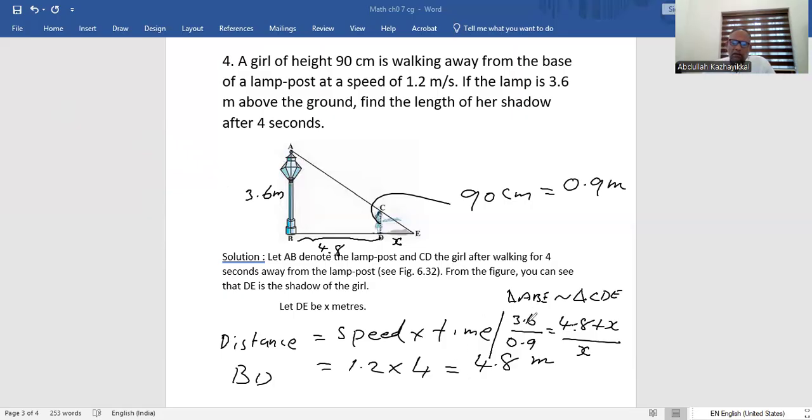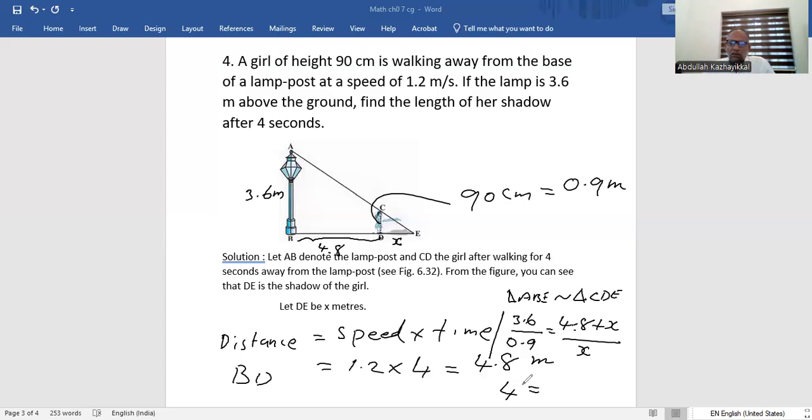36 by 9, 4 nines are 36. We can cut the 1 decimal place, so here we get 4.